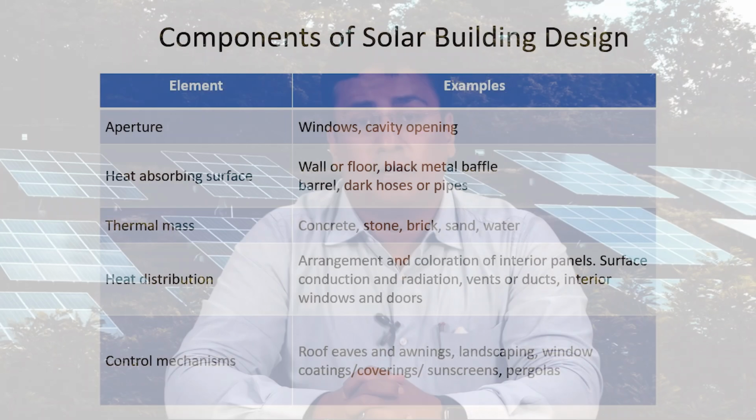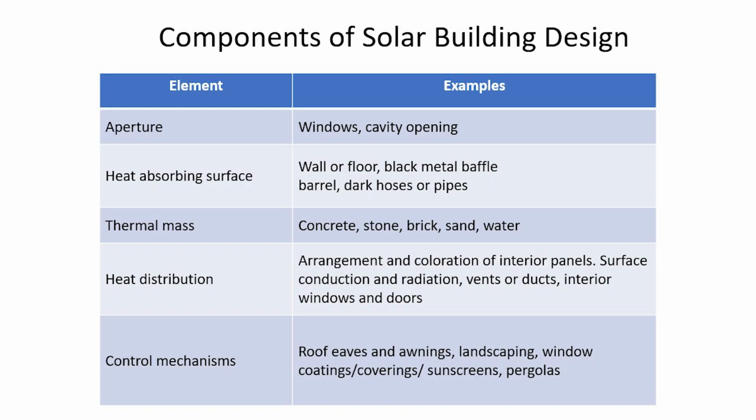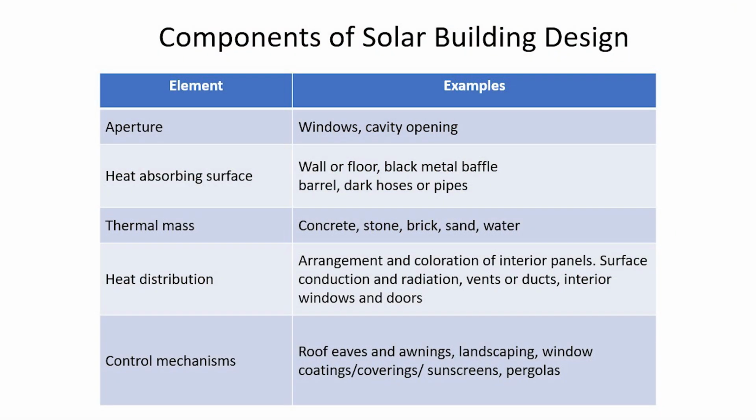Heat distribution: arrangement and coloration of interior panels, surface conduction, radiation, vents or ducts, interior wooden doors, and some insulating material is required. And the last is control or control mechanism, then roof and landscaping, window coating, covering, sunscreen, pergolas and shading.